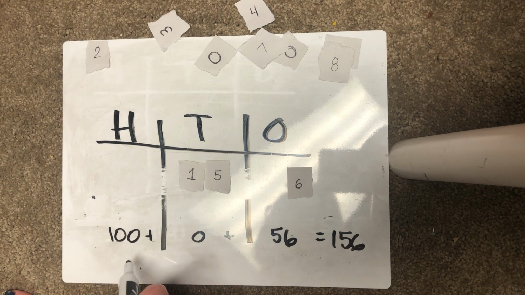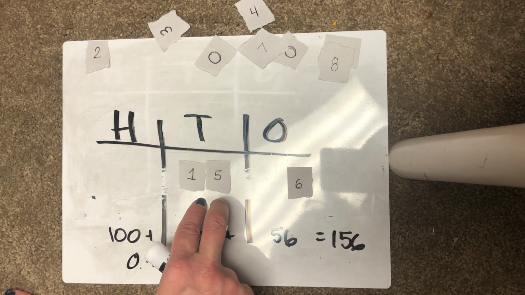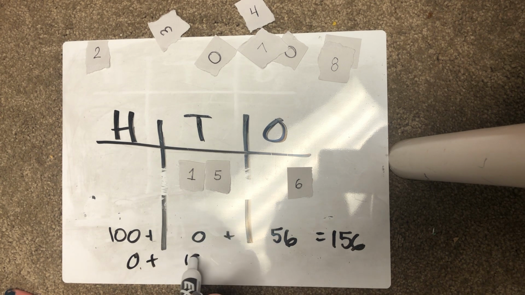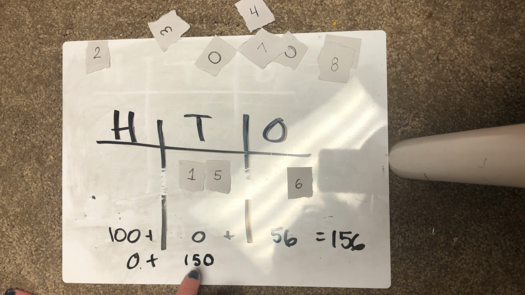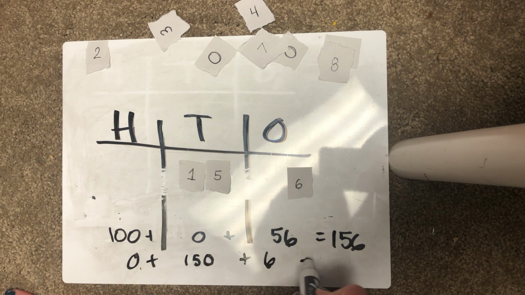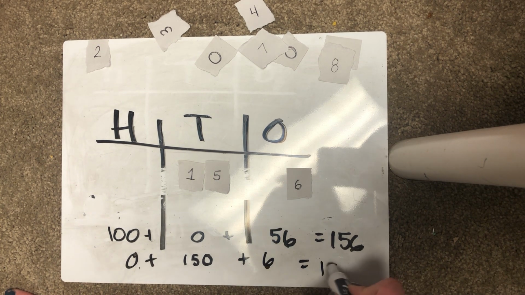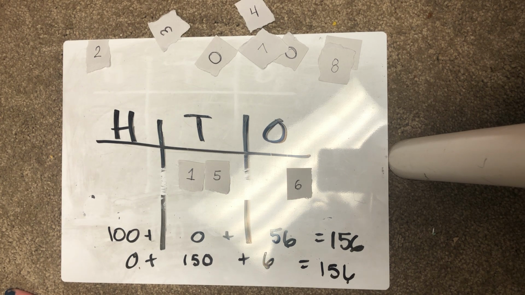That's the same thing as saying 0 plus 15 tens, because that's technically 15 times 10, plus 6 ones. 150 plus 6 is still going to give us 156.